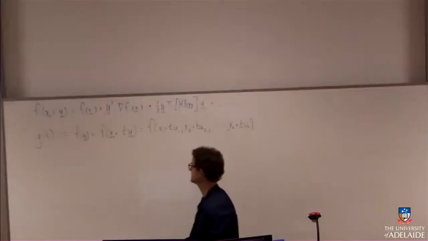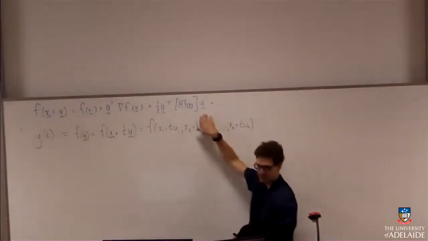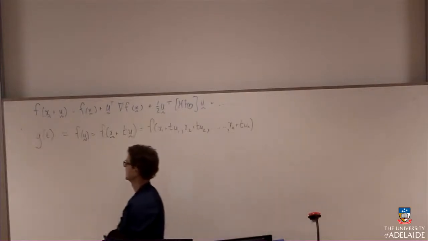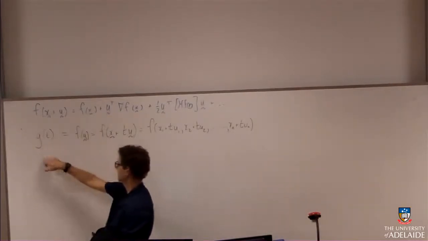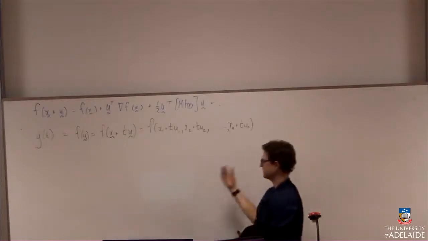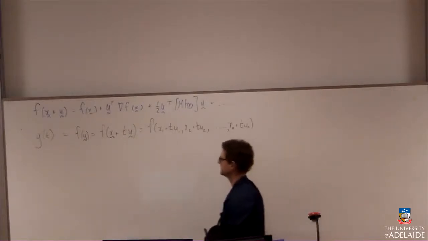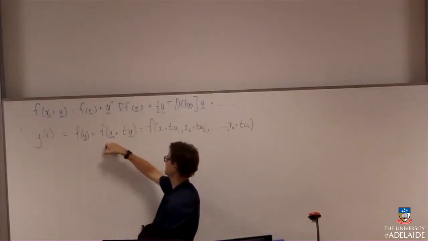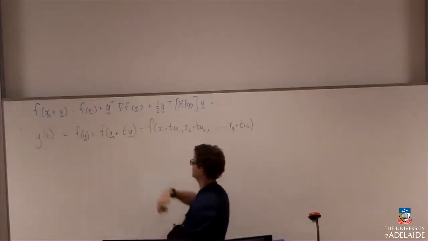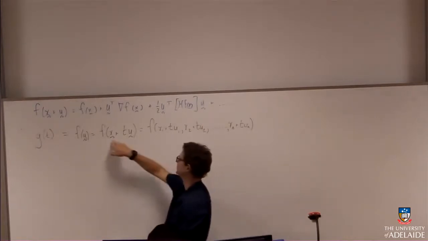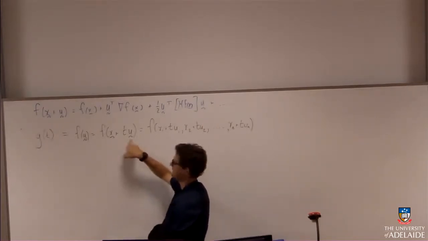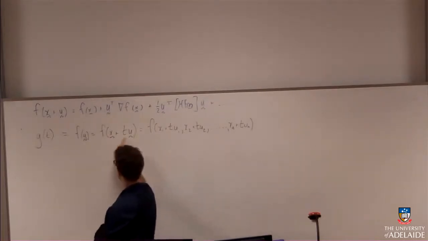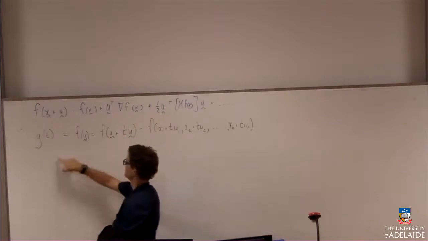So let's try and explain where this expression comes from. I'm going to attack this by looking at a particular function of t. So g of t, which I'm going to write down as f of x plus tu. So if I give you an x and a u, a vector x and a vector u, if they're fixed, then this is really a function of just t, right?